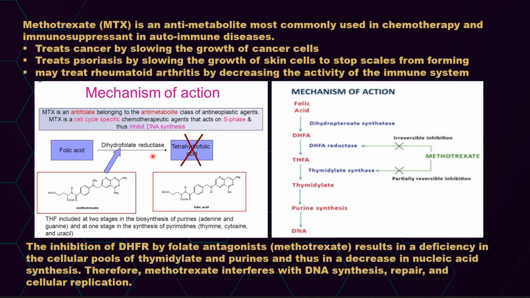It competes with the substrate on the enzyme and results in the deficiency of cellular pools of thymidylate and purines, and thus it is involved in decrease in nucleic acid synthesis. So therefore methotrexate interferes with DNA synthesis, repair, and cellular replication.